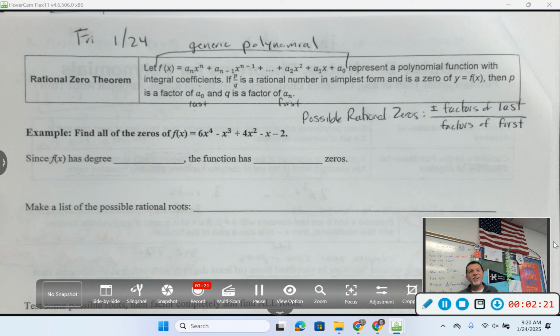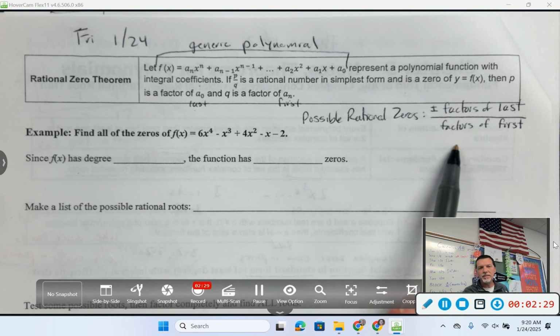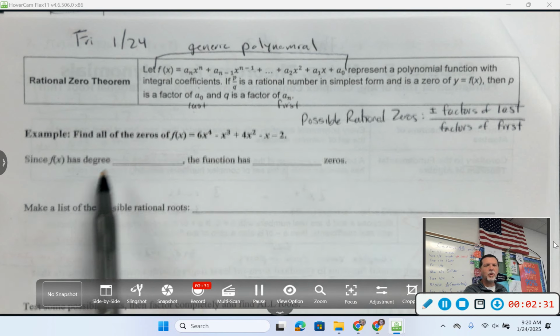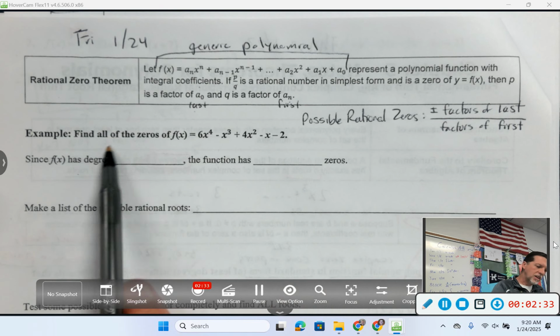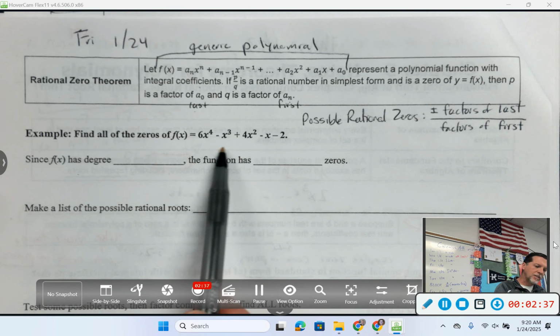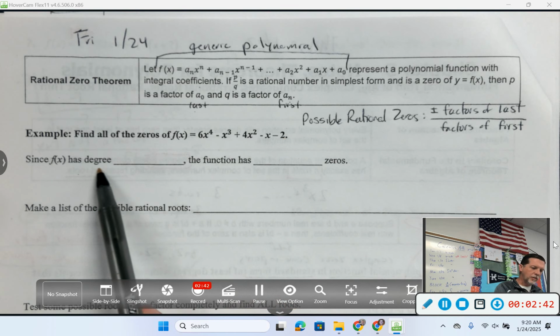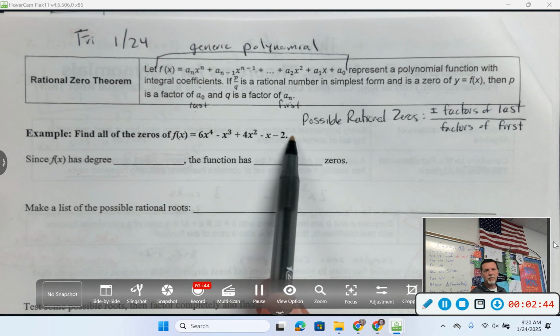Meaning, if you're just trying to guess what the zeros are, rather than guessing at random, you guess from this pool of possibilities. Let's work an example, and maybe it'll make more sense. So find all the zeros of 6x to the fourth minus x cubed plus 4x squared minus x minus 2. Since f of x has degree, what's the degree of this polynomial?